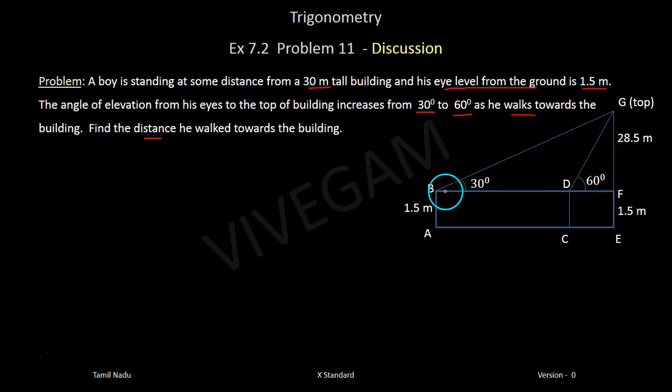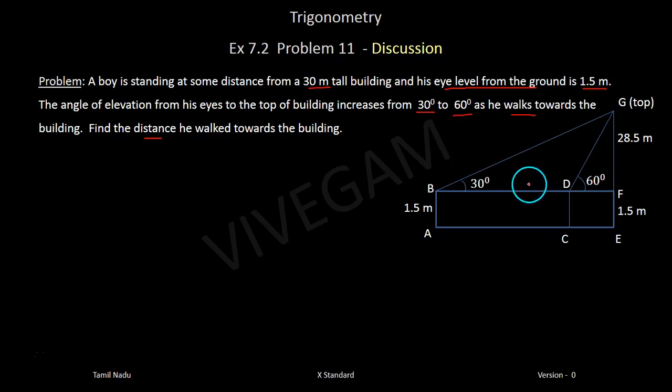Okay, so basically we need to calculate the adjacent side. So what is the relationship between this angle, this known side, and this unknown side? That is tan theta. So tan 60 is opposite by adjacent. So when you consider this triangle, using tan 60, you will be able to calculate this distance. Similarly, in this triangle, that is GBF, this side is known, this angle is known, and we need to calculate BF.